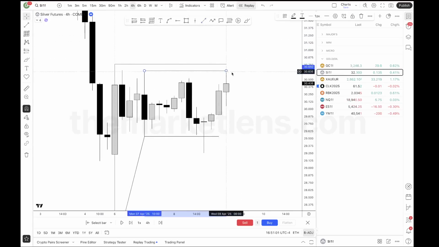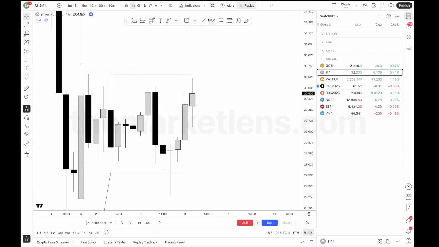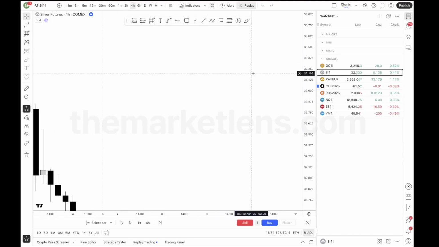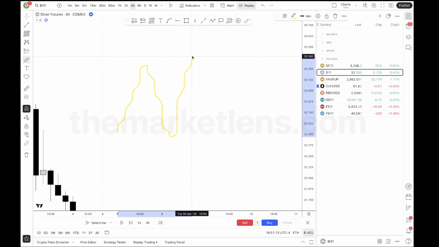And this is another thing. SMTs generally don't look like this, where they reverse from failure swings like this. That's not how you want to see SMTs form. You want to see it like this, where there are no failure swings to the left. It's a relevant swing, because that's where we find reversals from.